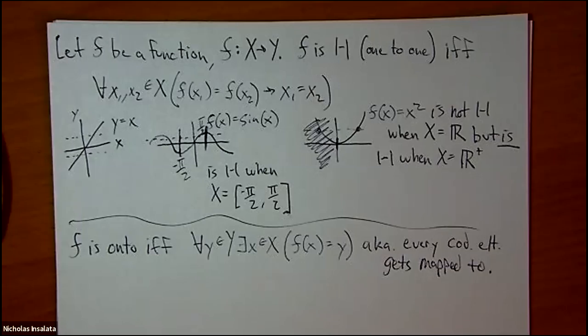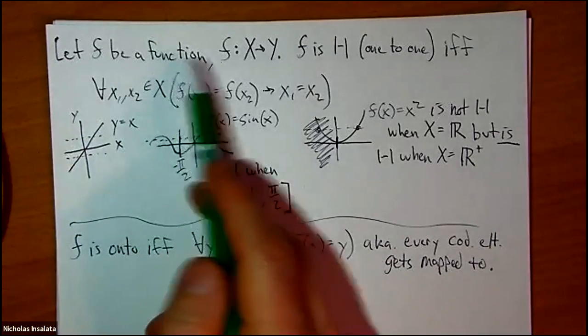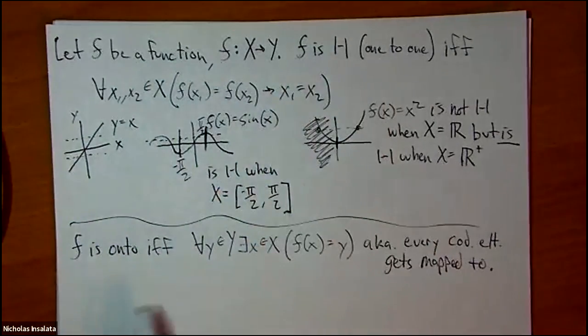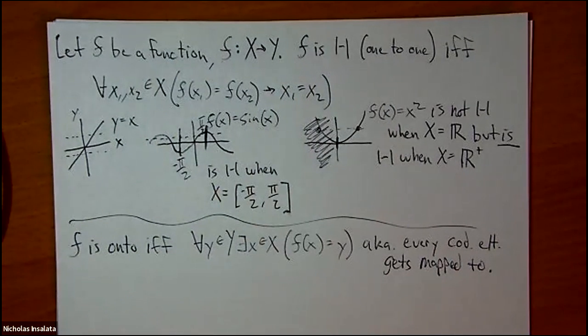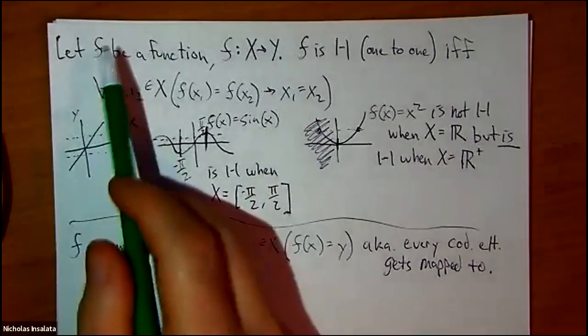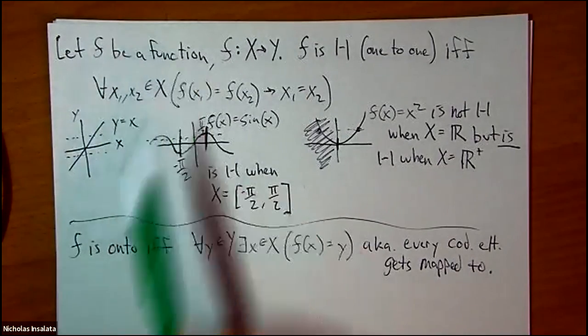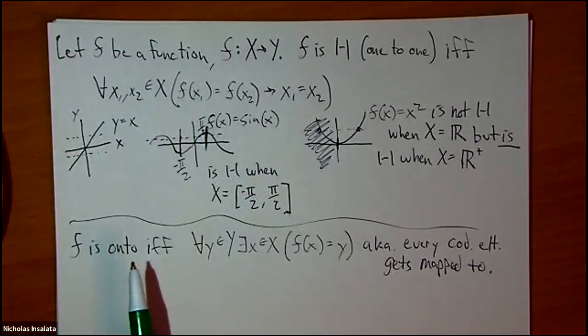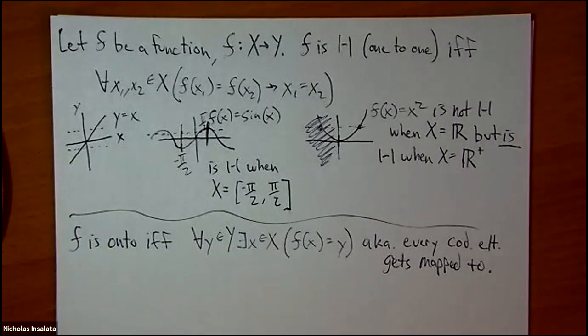So that begs a question. Let f be a function. That function is 1-to-1 or onto, right? So can you have an onto thingy that's not a function? No, you can't. By definition, an onto thingy has to start out as a function, and then it might also be onto, right?